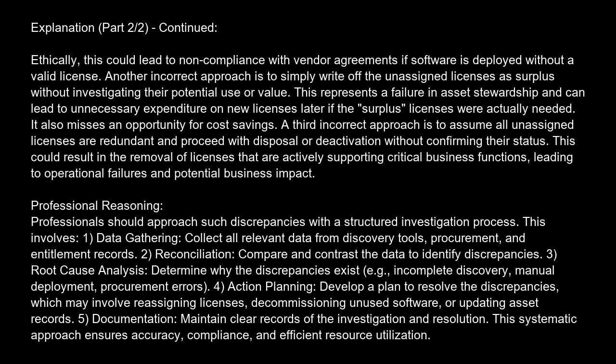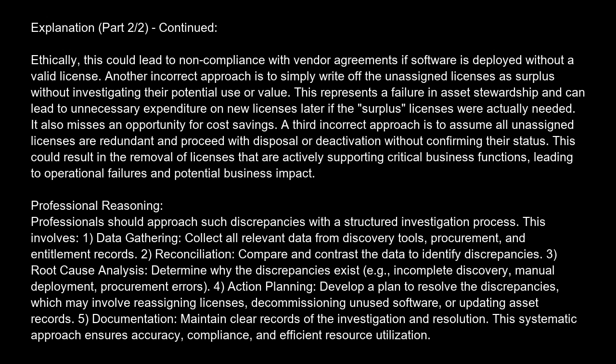Professional reasoning. Professionals should approach such discrepancies with a structured investigation process. This involves: 1. Data gathering. Collect all relevant data from discovery tools, procurement, and entitlement records. 2. Reconciliation. Compare and contrast the data to identify discrepancies. 3. Root cause analysis. Determine why the discrepancies exist, e.g., incomplete discovery, manual deployment, procurement errors. 4.